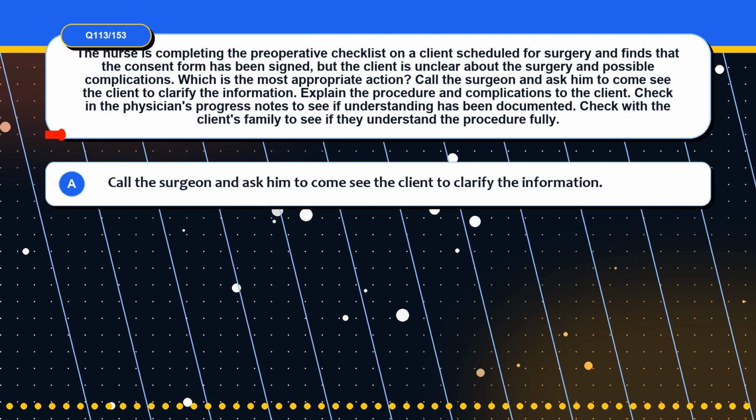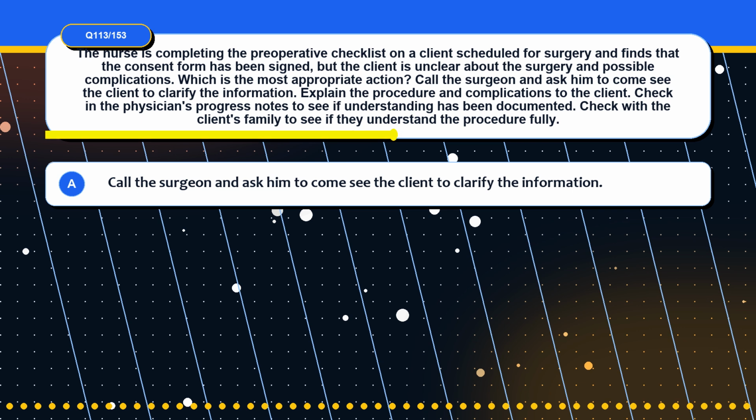Question 113. The nurse is completing the preoperative checklist on a client scheduled for surgery and finds that the consent form has been signed, but the client is unclear about the surgery and possible complications. Which is the most appropriate action? Call the surgeon and ask him to come see the client to clarify the information.